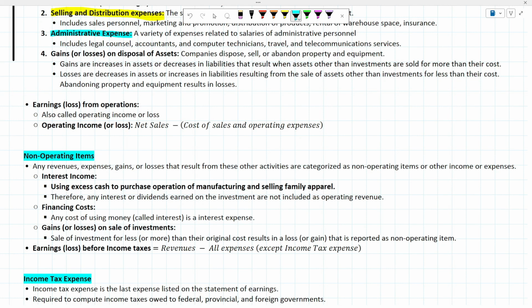Gains or losses on sale of investments. Sale of investments for less or more than their original cost results in a loss or a gain that is reported as non-operating items. Earnings or losses before income taxes is equal to revenues minus all expenses except income tax expense.